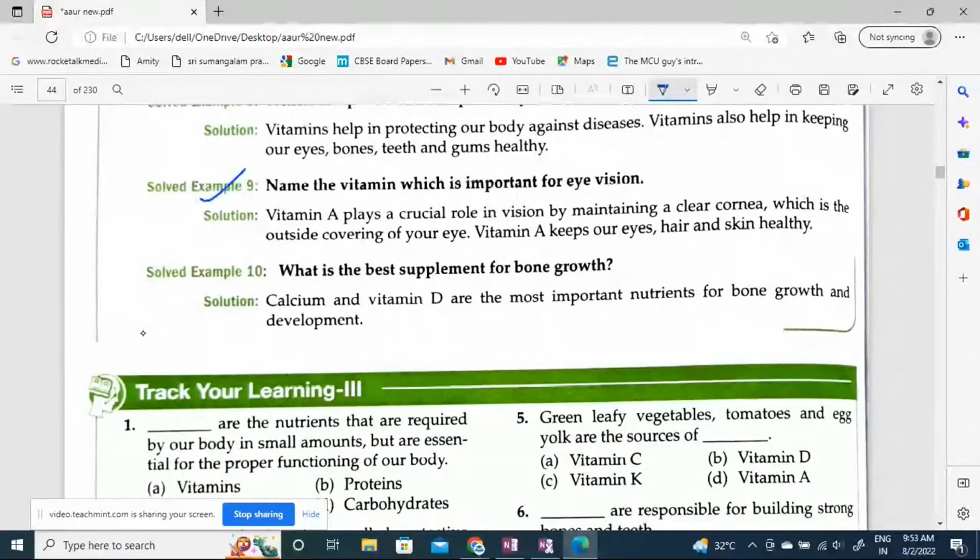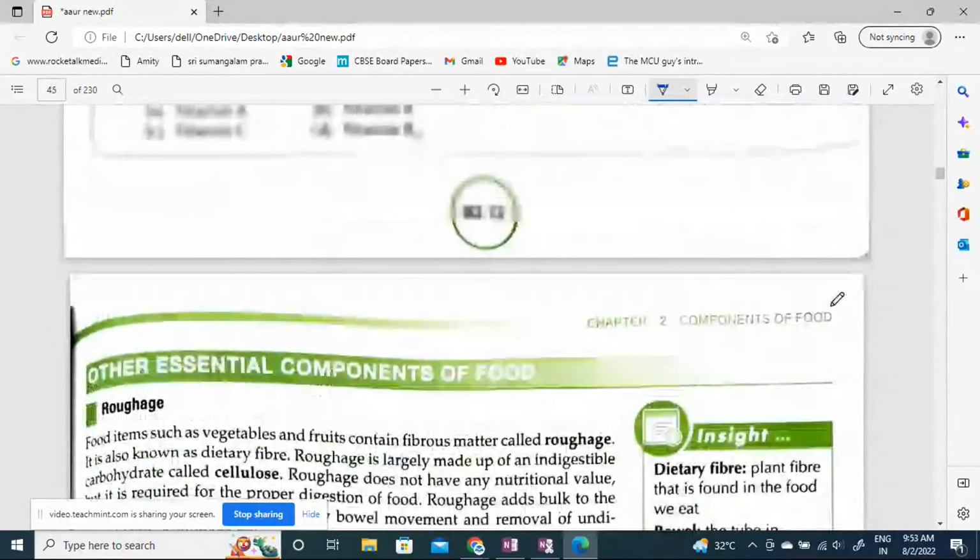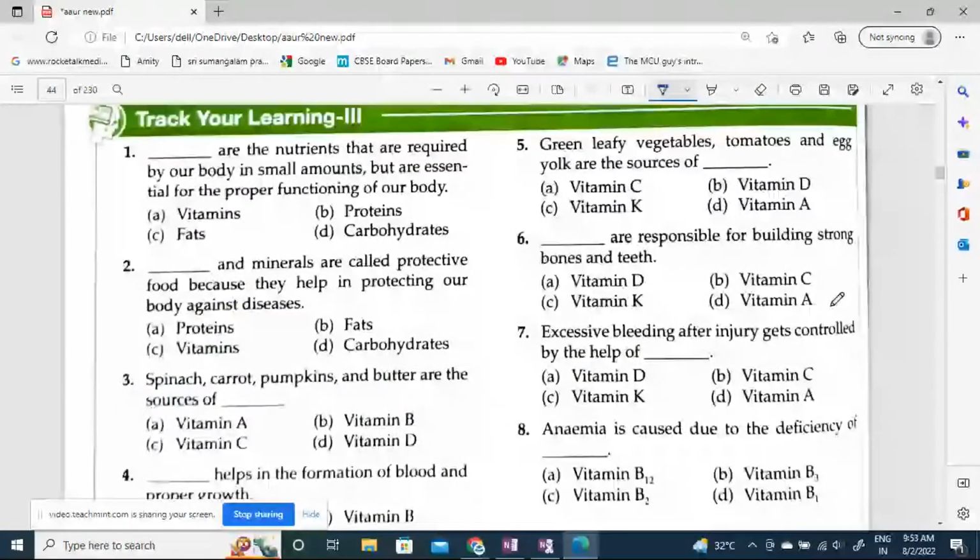You will learn this question because a lot of children are suffering from eye vision disease. I think more than 20 questions, 45 I think, I have given you.